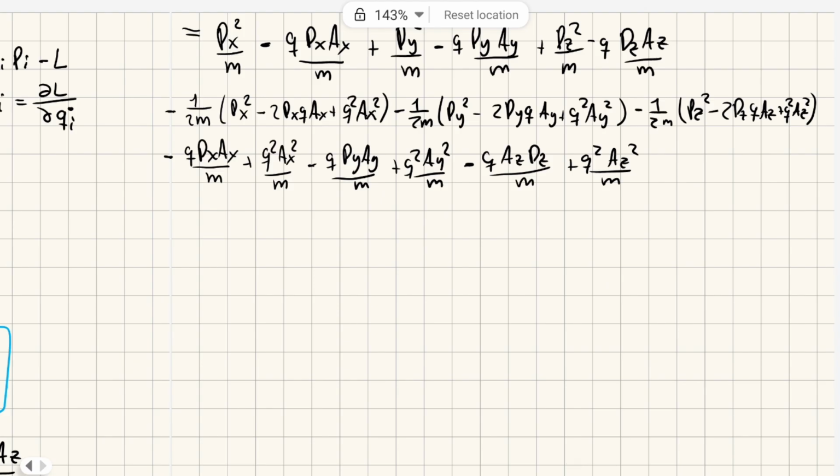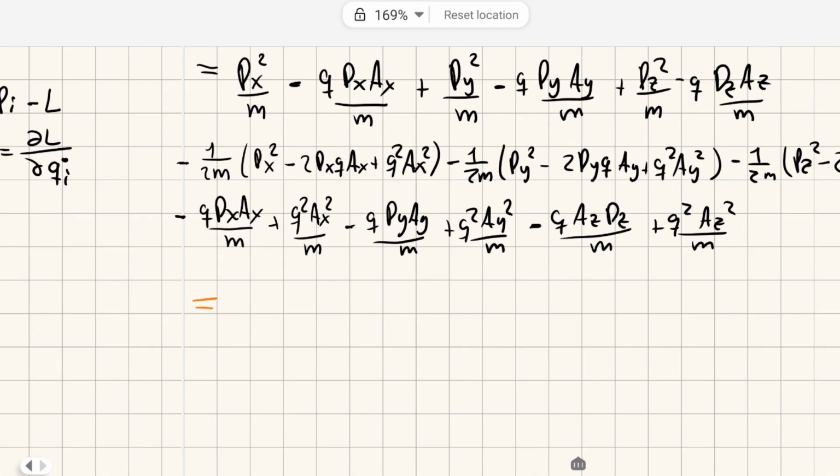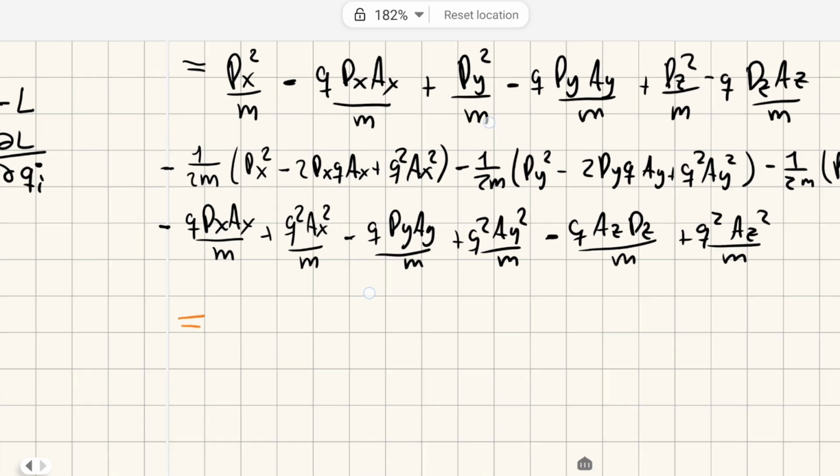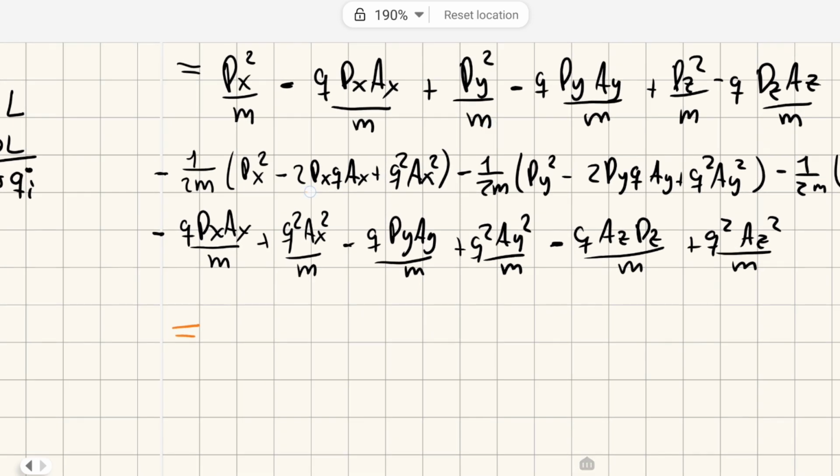Okay, now I just rewrote what we had found for the Hamiltonian, and here is where we are going to start with all the cancellations. So let's first look at this element, which is divided by 2m.